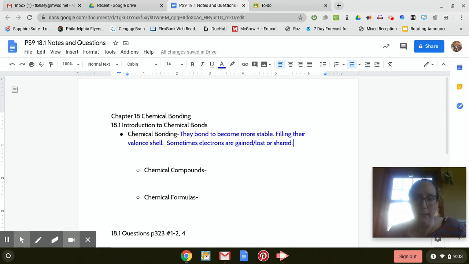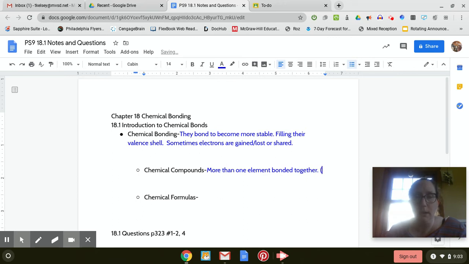So chemical compounds are a combination of more than one element, more than one element bonded together.